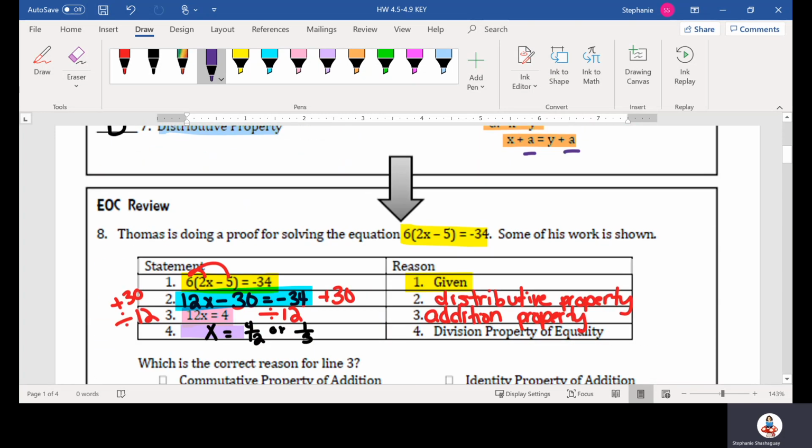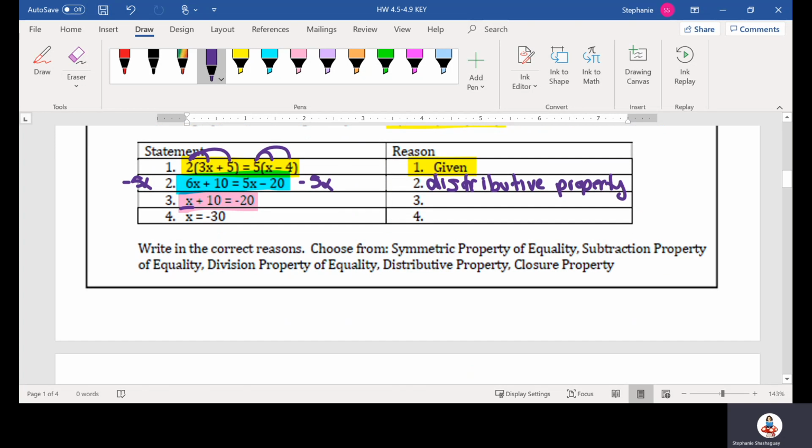Everything's either addition or multiplication. But remember that when you are subtracting something, you're really just adding a negative. So it's still the same property, we're just adding a negative instead of subtracting. So our rule here would be our addition property of equality, or the addition property.